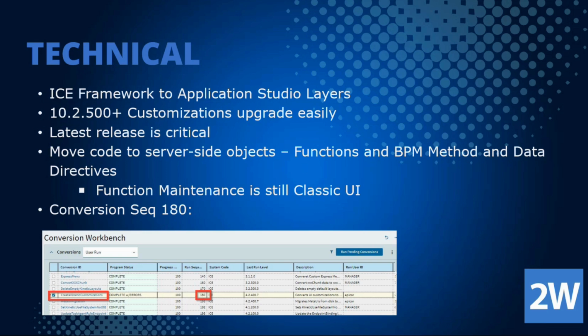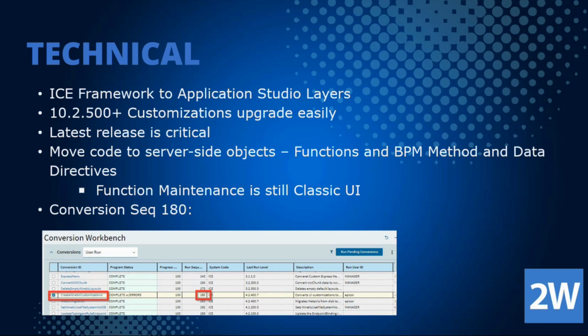So again, being on the latest release is critical. We had some customers who, again, were on Kinetic 2021.1 or 2021.2 releases, and were trying and really struggling, even with our help, to uplift classic customizations to Kinetic UI layers.